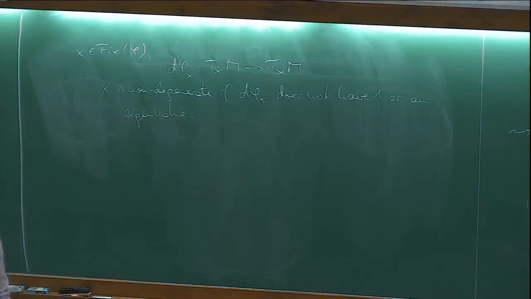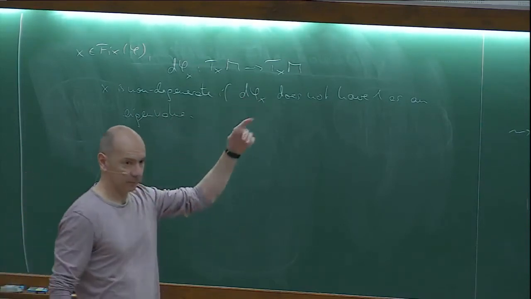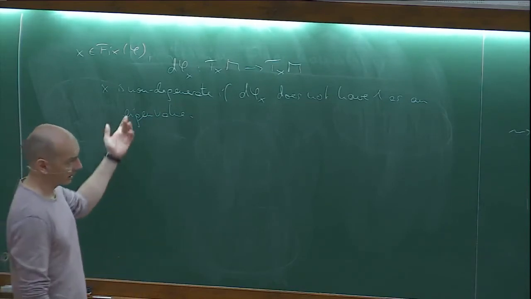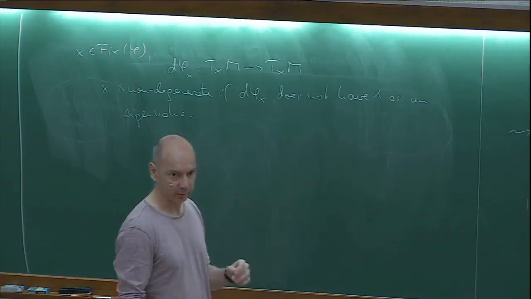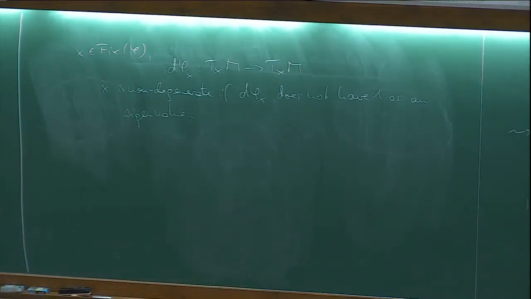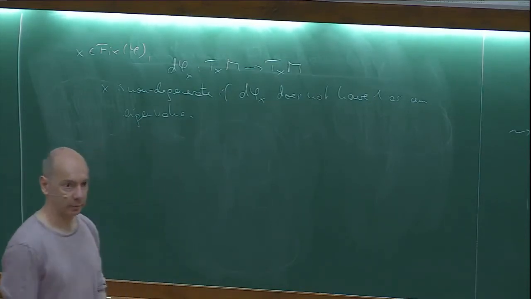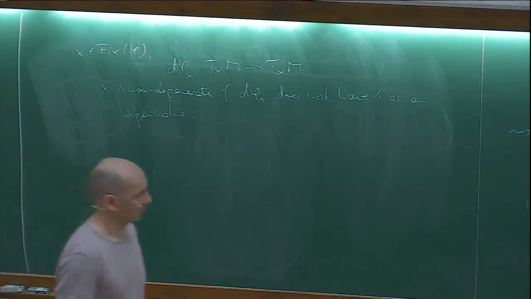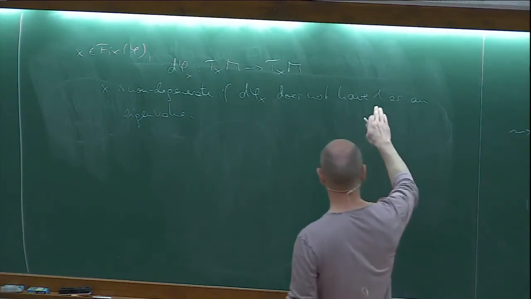Alternatively, geometrically, this says that the graph of phi in M times M should be transverse to the diagonal at (x, x). That's non-degeneracy, the obvious analog of non-degeneracy for functions. The differential of a Morse function also has this property: it's transverse to the zero section of the cotangent bundle.